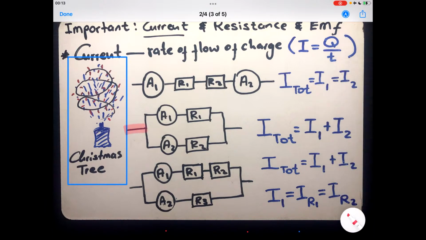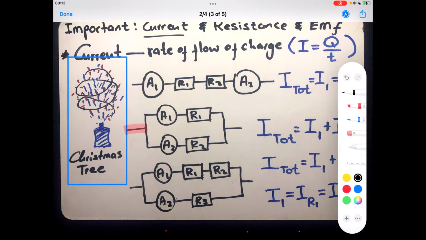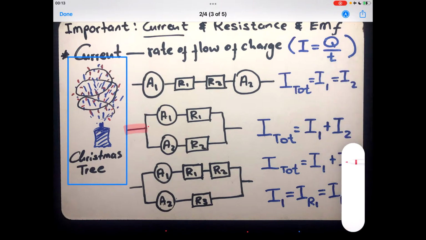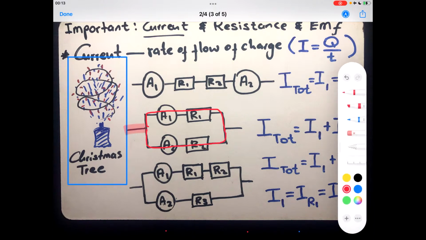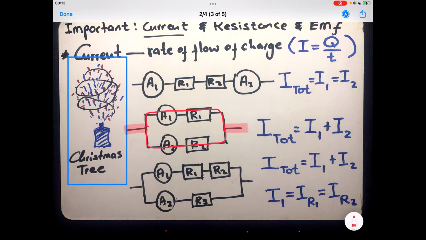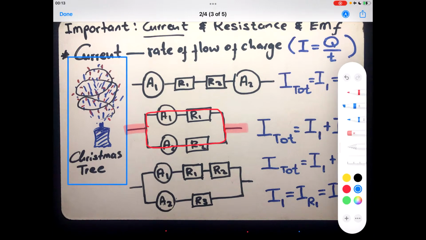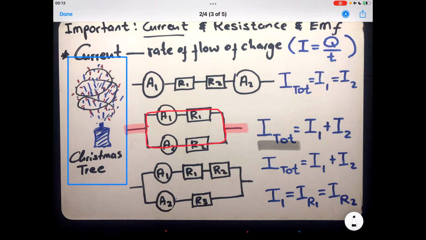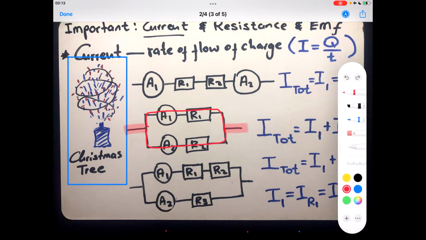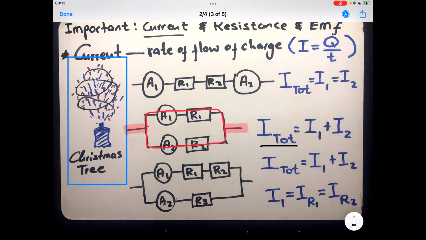As it splits, it means a portion of that current will flow through that side, and a portion of that current will flow through that side. It gets there, and then it now joins. Can you see something very important? In this case, you've got the total flow of current which splits in two directions.